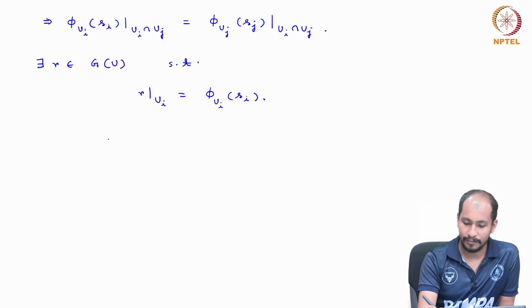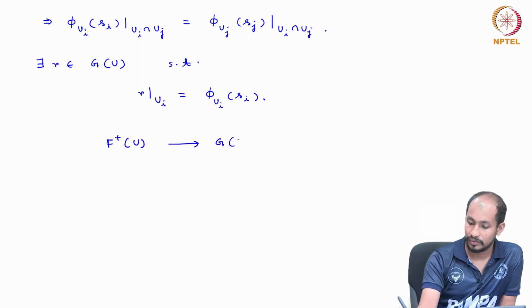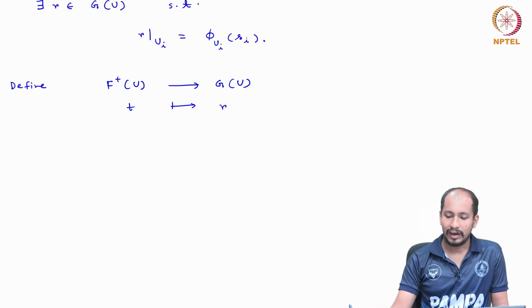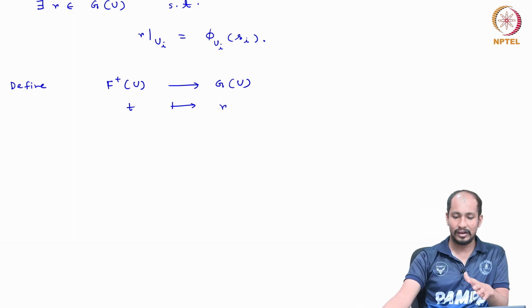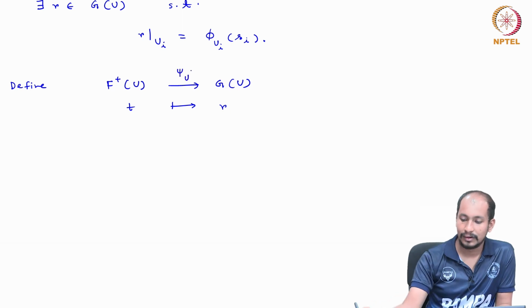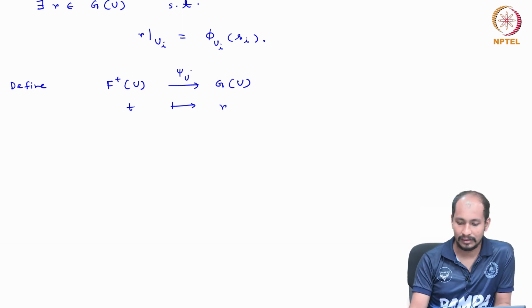Now we define this map F plus u to Gu, we define it as T goes to R. Other things are easy to verify: if we define this map psi u like that, then the diagram will commute.